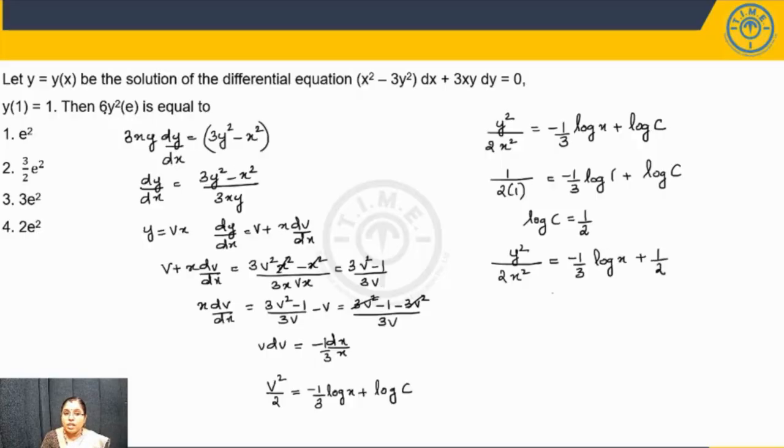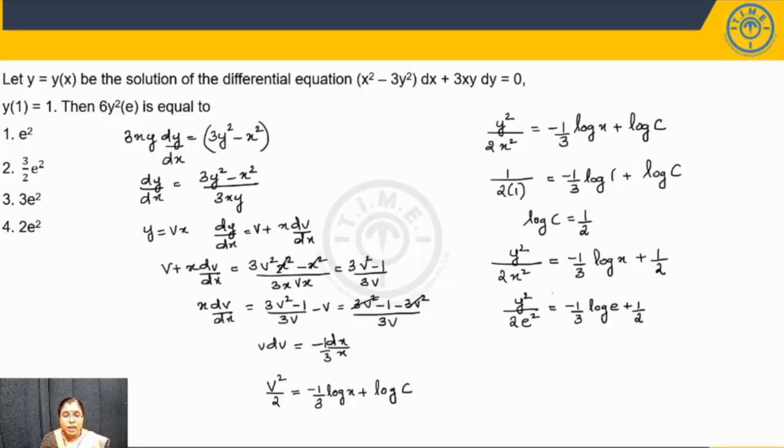Now we have to find out 6 into y square at e. For this, I'm just going to replace x by e. When you put x is equal to e, we get y square by 2e square equal to minus 1 by 3 log e plus 1 by 2.